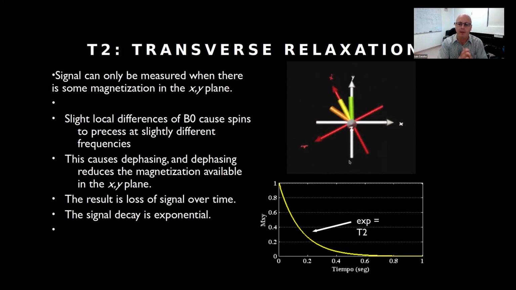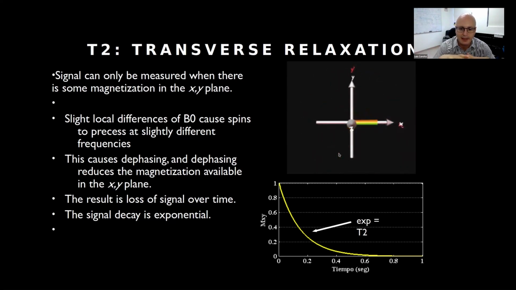They are no longer spinning at exactly the same phase. One of them, the orange one, is starting to get ahead of the yellow and the green spin, and the green is lagging behind. And as you can see, they're starting to fan out in terms of how they are organized within each other.